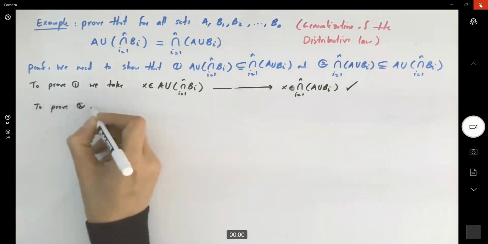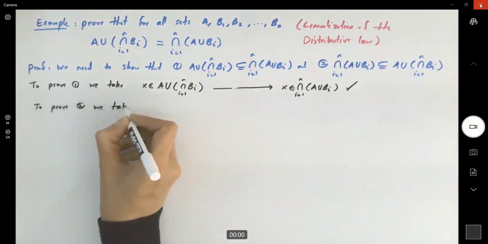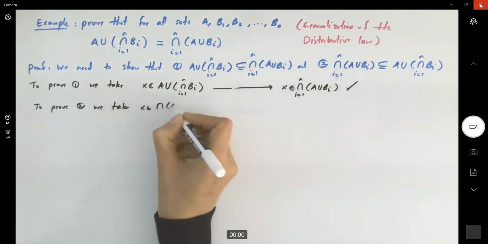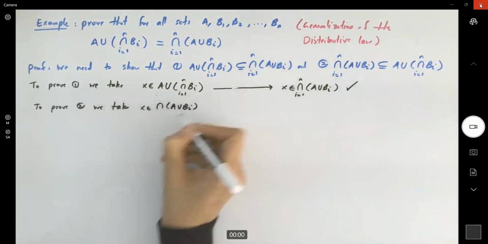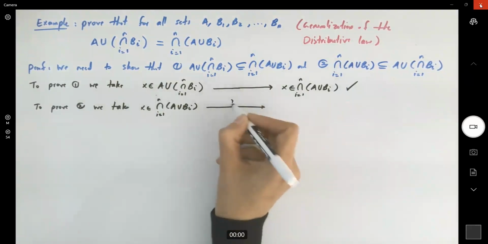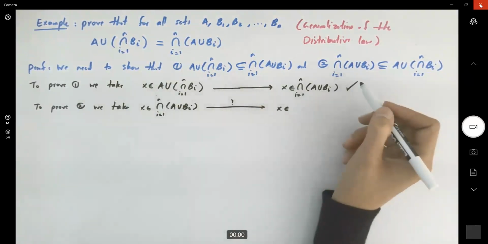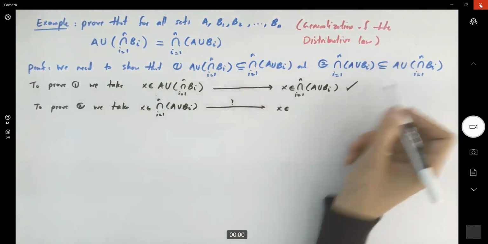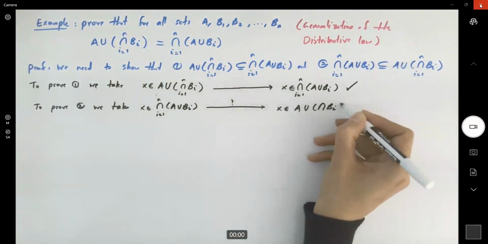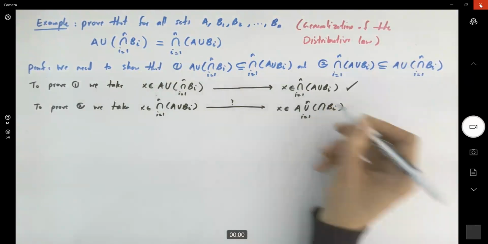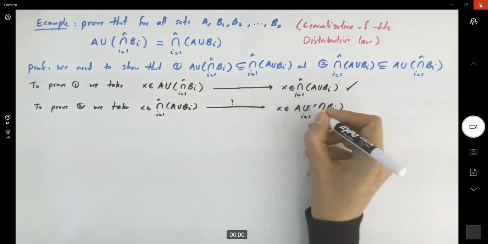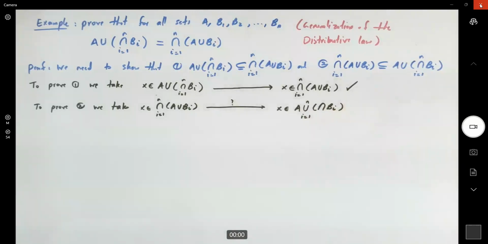To prove 2, we take an element in the intersection. x belongs to the intersection of A union Bi's, i starts from 1 to n, and we show that that element lands in A union intersection of Bi's, i starts from 1 and goes to n. Let me make my union a little bit prettier. Perfect.